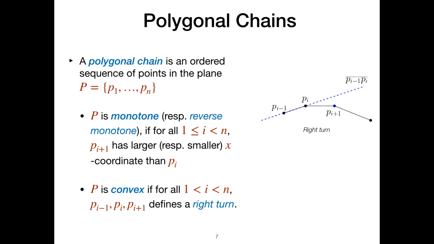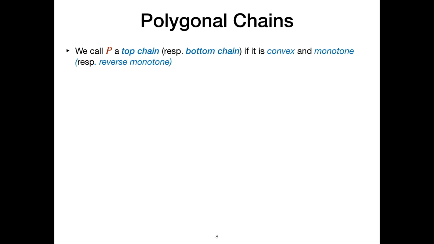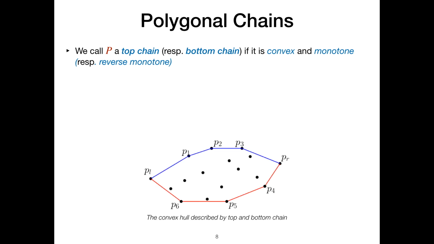A right turn means Pi plus 1 lies to the right of the supporting line of Pi minus 1 and Pi. And here is an example of a convex monotone polygonal chain. Then we call P a top chain if it is convex and monotone. Respectively, we can define the bottom chain. Therefore, in the picture, the blue polygonal chain is a top chain while the red one is a bottom chain.